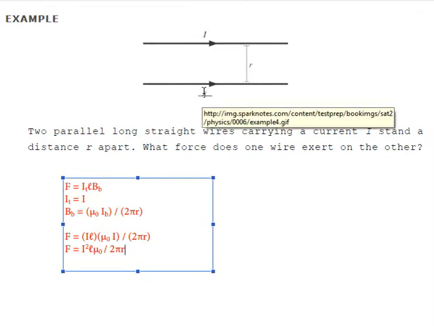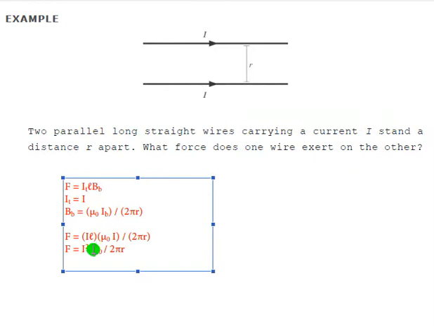So because these wires are so long, and we're not specifically told how long they are, it might be more useful to just talk about a more general case of force per unit length. So I'm just going to divide both sides by the length of the wire. Our force per unit length would be equal to this value. And then we could figure out which direction it would go in.